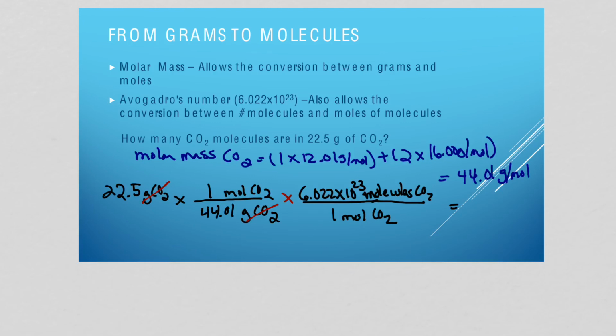So again, my moles cancel top to bottom, and my only units left are molecules of CO2. So if we do the math, retaining 3 significant figures based on our original mass, we get 3.08 times 10 to the 23rd CO2 molecules.